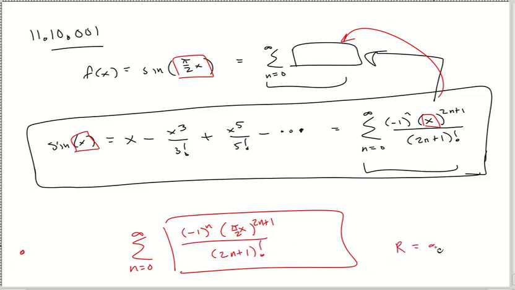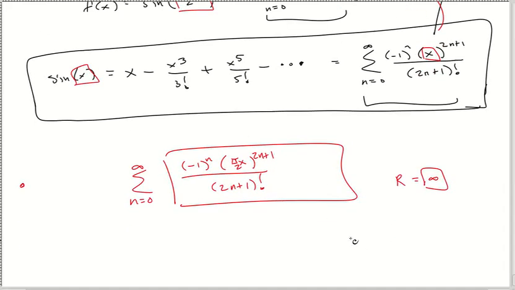Now, your radius of convergence is equal to infinity. You're going to have to type that because you can see that there's a factorial in the bottom. This is geometric, but a factorial in the bottom is way stronger, and it's going to always converge. We've had that many times in the past sections, so I don't want to go into that again.